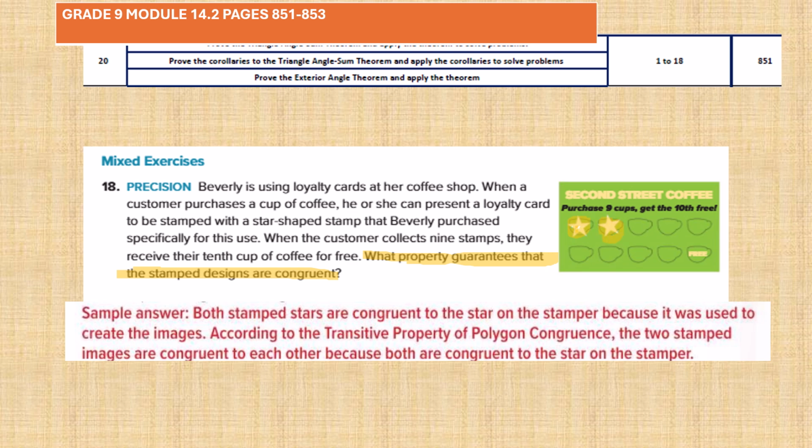Very, very interestingly, we know that they're going to look exactly the same because it is the star on the stamper. But the property that they're looking at specifically is called the transitive property of polygon congruence. It is the transitive, it is translated from one to the other. So therefore, it will be exactly the same.